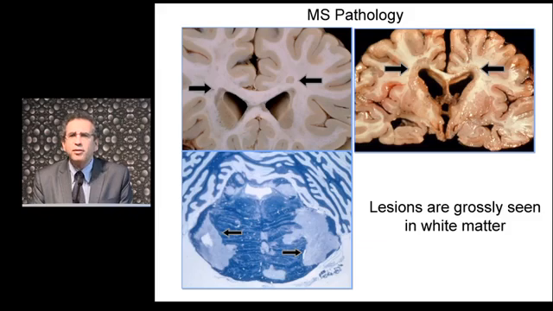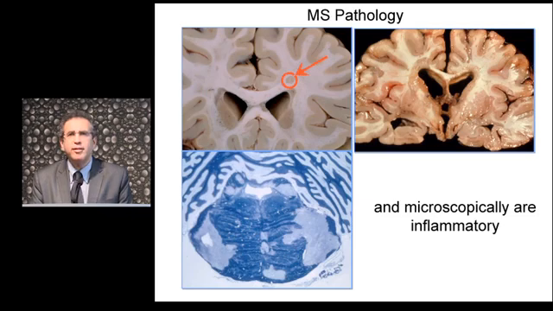In terms of exactly what is multiple sclerosis, we know from over 100 years ago that the fundamental pathology of MS is in the white matter. One sees on autopsy lesions in the white matter, be it around the ventricles or in the brainstem.